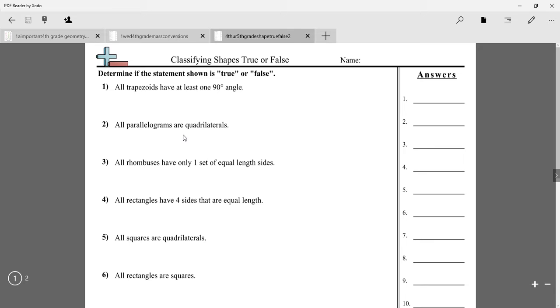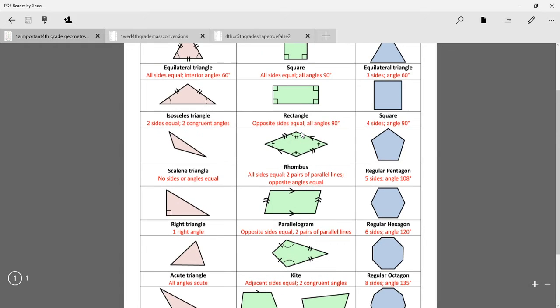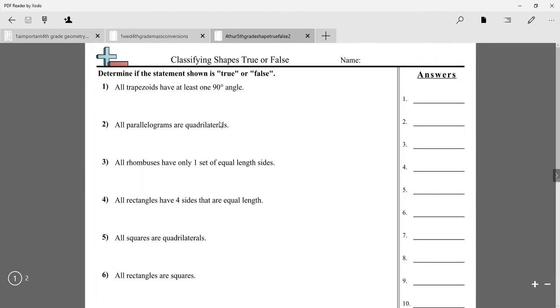All parallelograms are quadrilaterals, yes. To be a parallelogram, you have to have four sides. All rhombuses have only one set of equal length sides. Incorrect, because to be a rhombus, as it says here, you have to have all sides equal. So that's false.